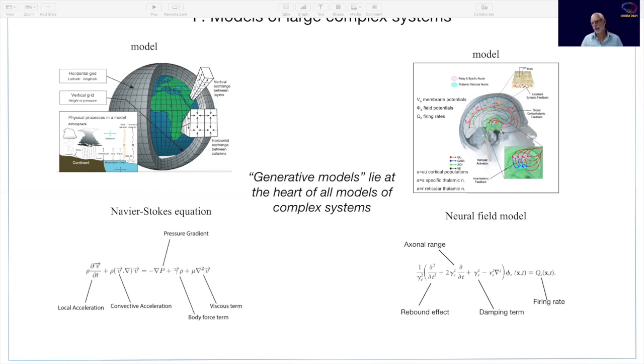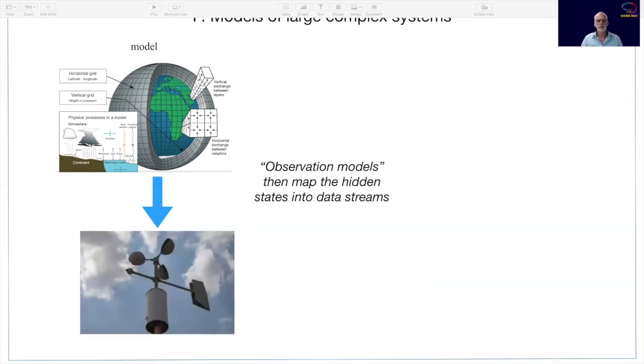And at the end of the day, they're very similar, whether they're describing the weather or the brain or a magnet. The form is different, so the terms are different, but the goal is very similar. With a generative model, that's okay for predicting what's happening in the brain or the weather, but you need to observe it and update it.